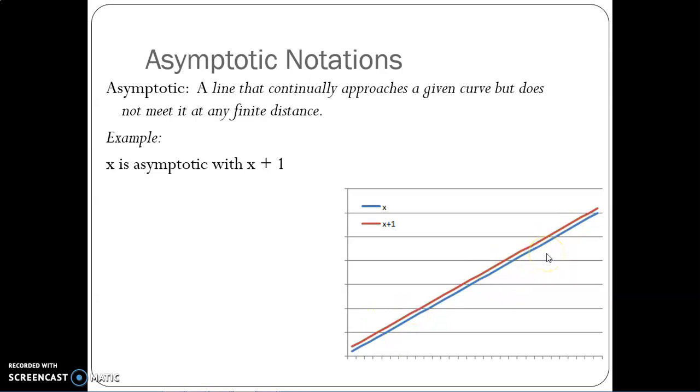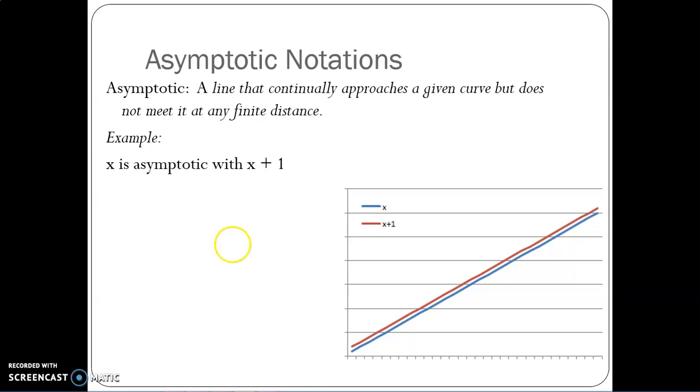These two lines have the same growth order, but they will never meet each other. Similarly, with the asymptotic notations, we will describe the complexity of an algorithm in terms of a function which will have the same growth order as the complexity of our algorithm.